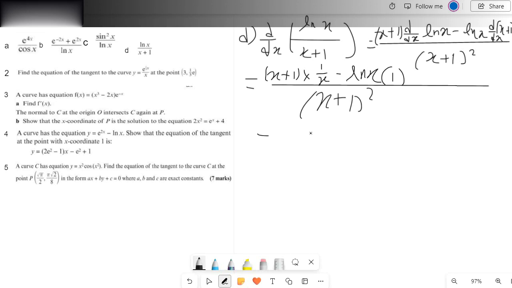Further simplifying, we have 1 plus 1 by x minus ln x, and then whole divided by x plus 1 whole squared. And this is our answer.